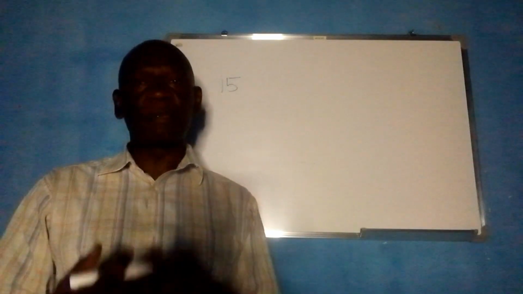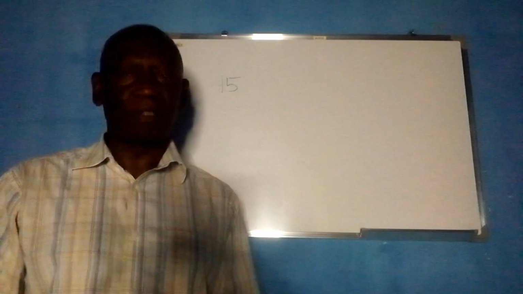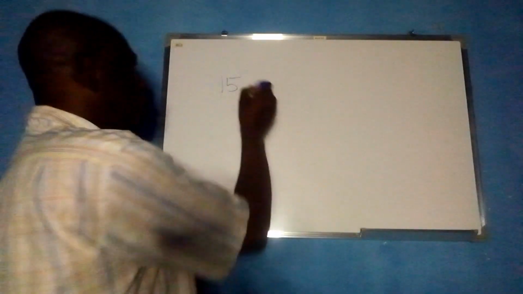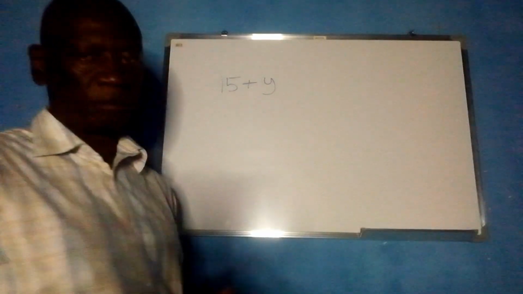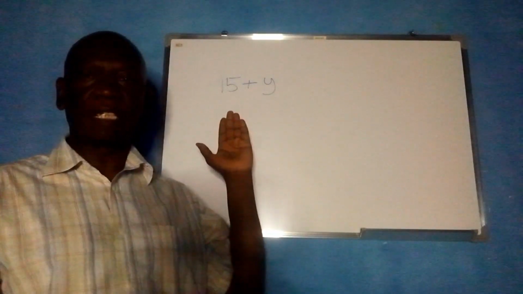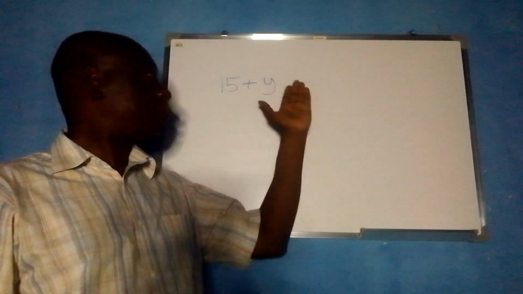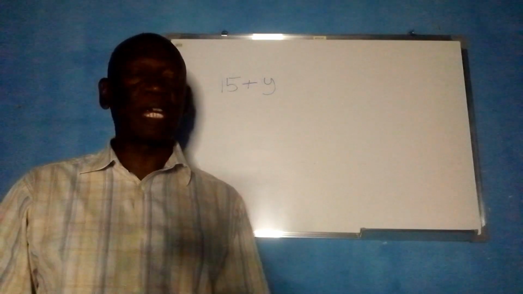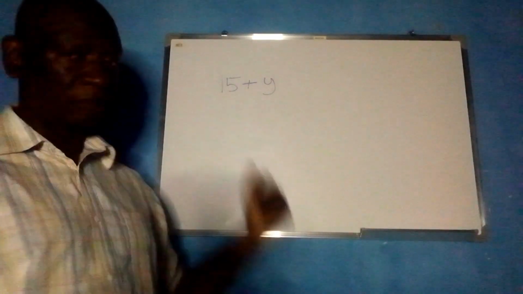So we would use a letter to represent that value that we don't know. So we'd say 15 plus y, and so this would be the statement that would be written. Can we see equal to something? No, we can't. Why? We do not know what the value of y is.